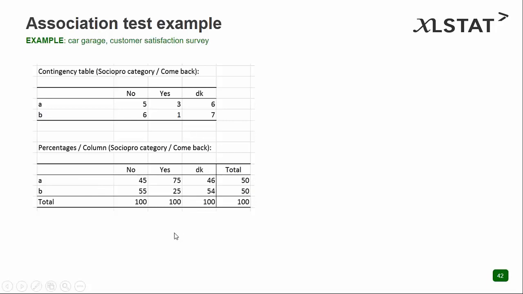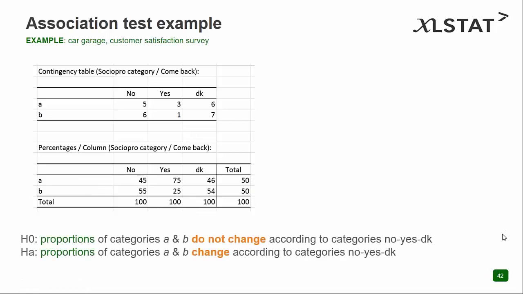Now the null and the alternative hypotheses we are investigating are these. The proportions of categories A and B do not change according to categories no, yes, and don't know. And in opposition, the proportions of categories A and B change according to categories no, yes, and don't know. So here, if you see the proportions, which are expressed in percentages, you can see that there's a big difference between no and yes.